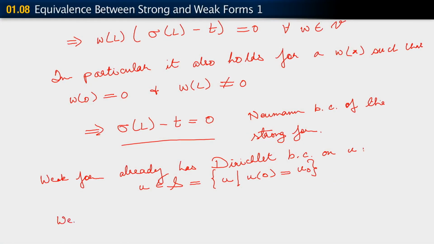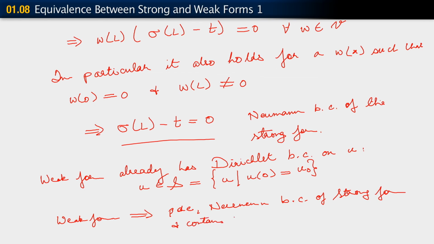Okay, so what this implies is that the weak form implies the PDE, the Neumann boundary condition of the strong form, and contains the Dirichlet boundary condition.